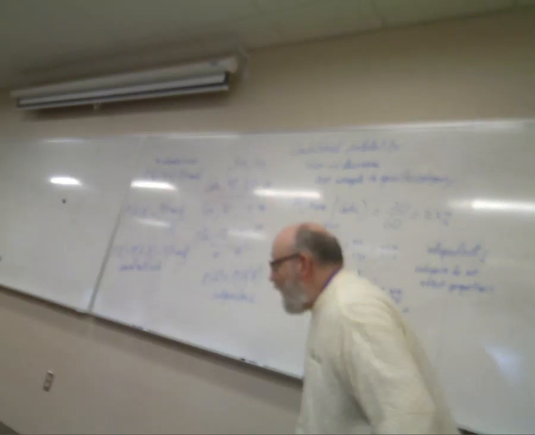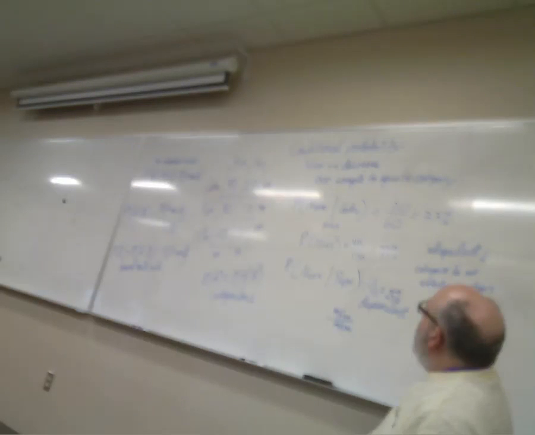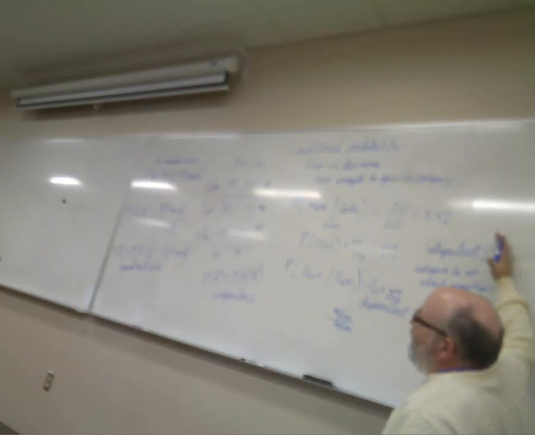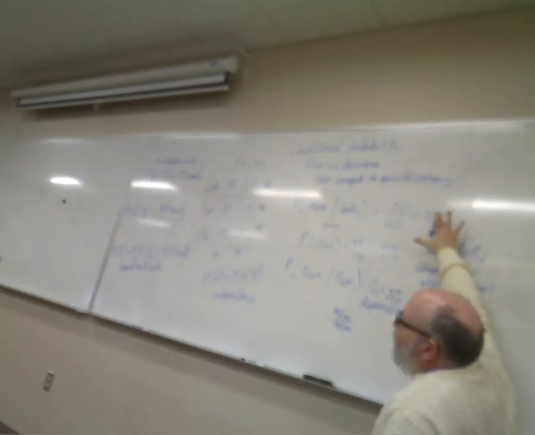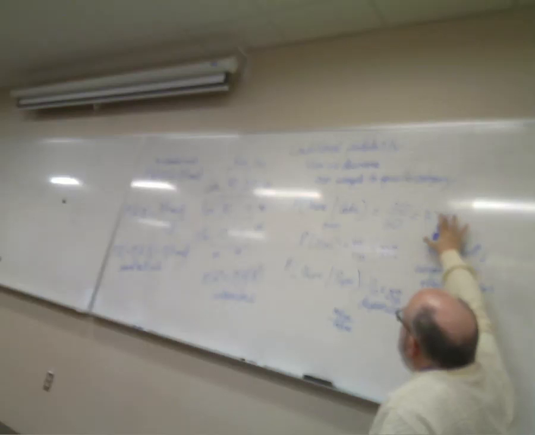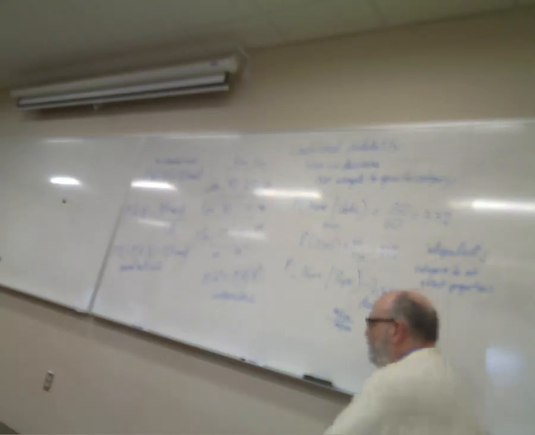The major concept is the definition of what it means to be independent. If it's independent, then it doesn't matter what category you put people in. Their percentages are the same. But if they're dependent, then it changes it.